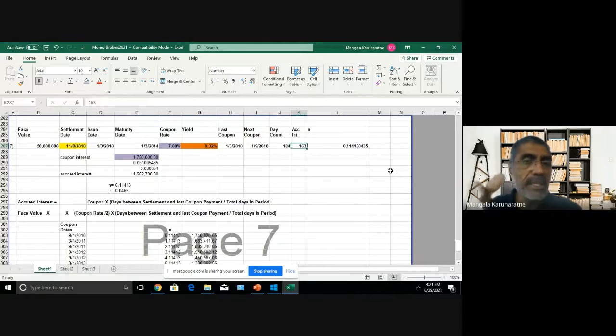So the number of days is calculated from the issue date to the settlement date. And you need to calculate the full coupon period also, from the issue date to the next coupon date. So we will do that calculation here.